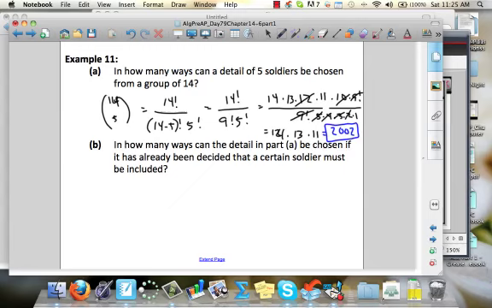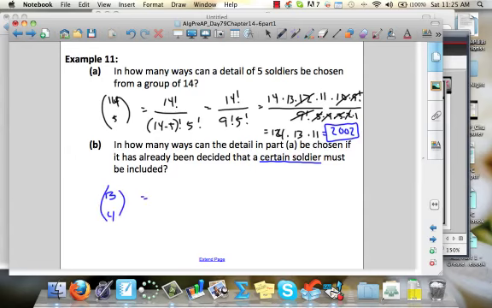Now, in how many ways can the detail in Part A be chosen if it has already been decided that a certain soldier must be included? Well, what does that really mean? Out of the 14 people, we know one already has to be in there. So that means we now have 13 people left over and only 4 spots.